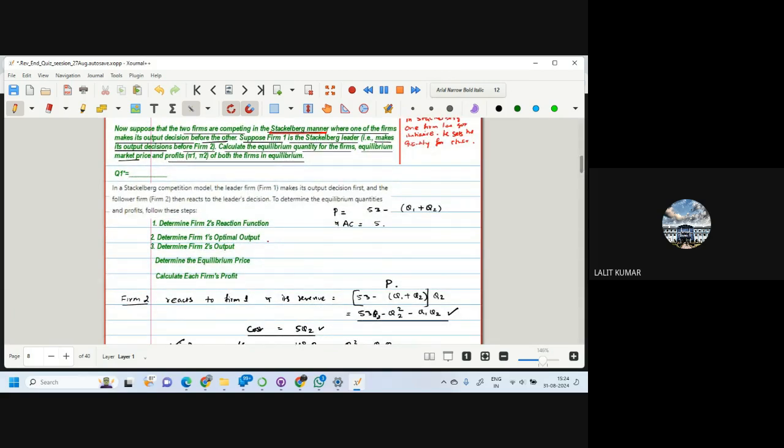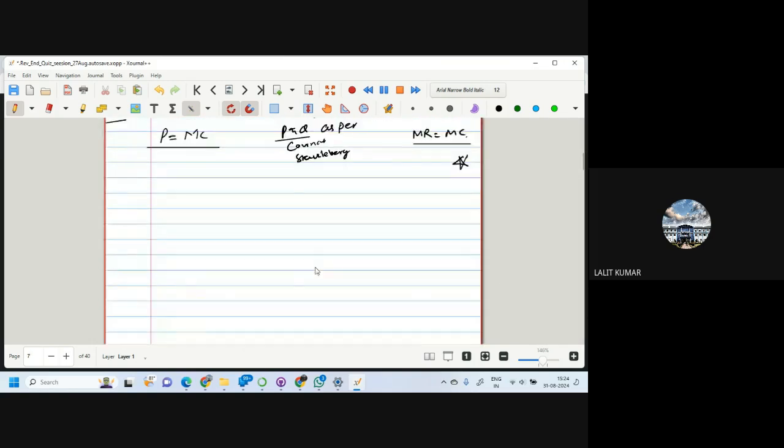They have said that if these two firms are competing in the Stackelberg, where one of the firms makes its output decision before the other, suppose firm 1 is the Stackelberg leader, that is, he makes its output decisions before firm 2. Calculate the equilibrium quantity of the firms, equilibrium market price, and profit for both the firms in equilibrium. So what do we do here?